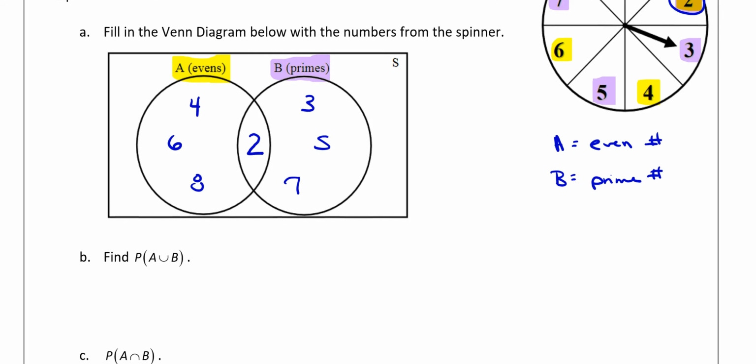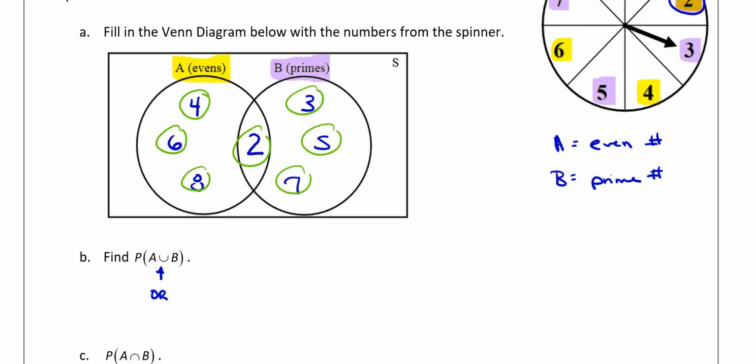So they want us to find the probability of A. Now remember, that's a union. Union means or. So this means or. The probability of A or B happening. Okay, so if we look at this, A or B happening, we have 1, 2, I'm going to circle them so you can see. We have 1, 2, 3, 4, 5, 6, 7.